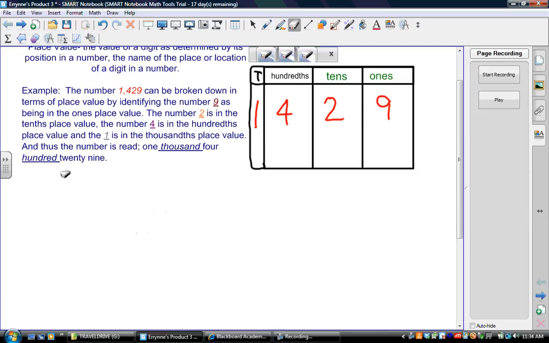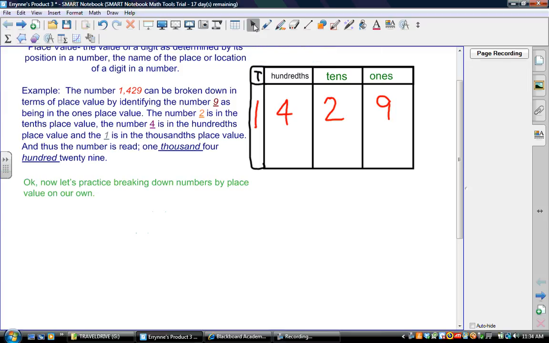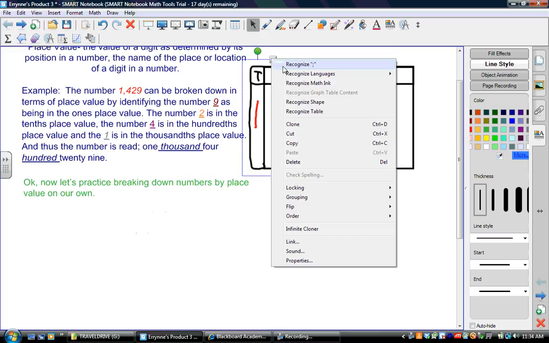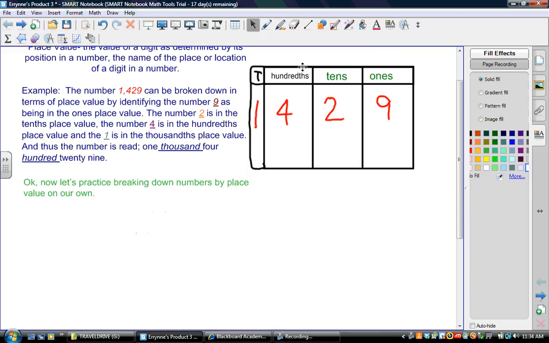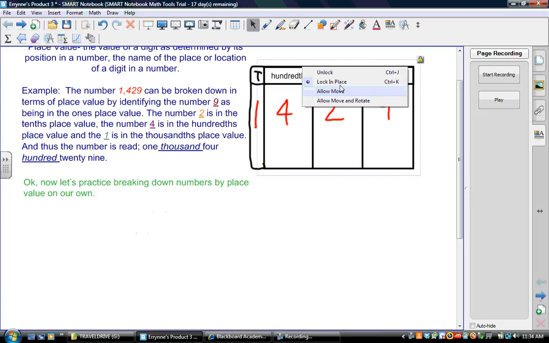Now, I'm going to give you an example of your own. Let's practice breaking down numbers according to place value. Miss Amy is going to erase this, but before I do, I want to lock this in place. Okay?